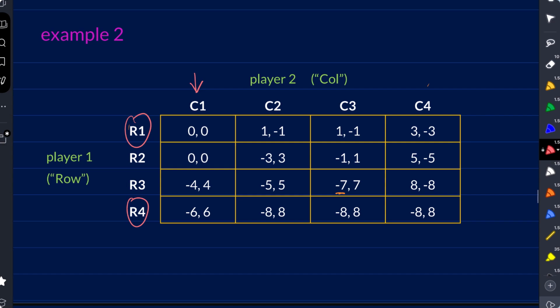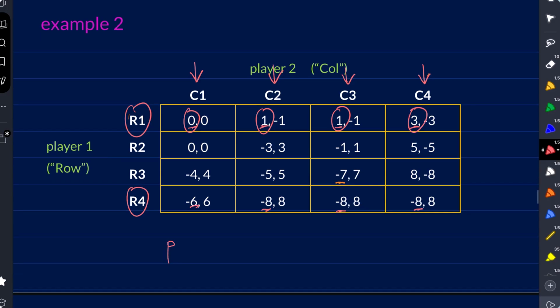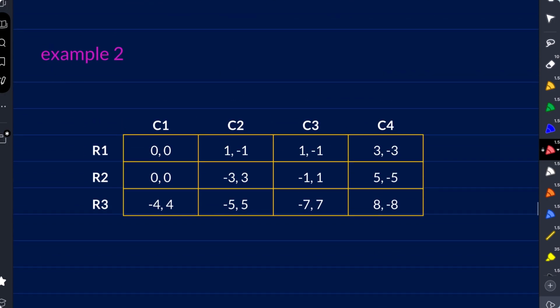Between R1 and R4, if C1 happens, R1 is better. If C2 happens, R1 is better. If C3 happens, R1 is better. And if C4 happens, R1 is better. So R1 dominates R4, which means we have this.